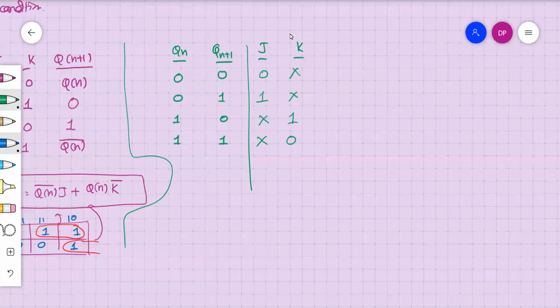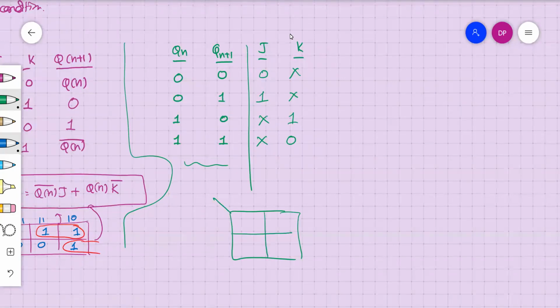So from here you can express J and K in terms of Qn and Qn plus 1. So this is a two variable problem. For J, you would like to find an expression. So this is 0, 1, 0, 1. So J is 1 where?